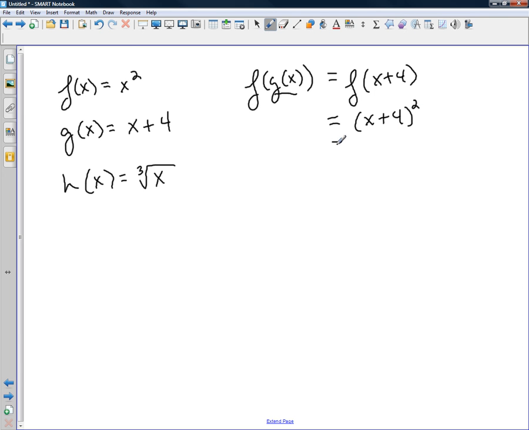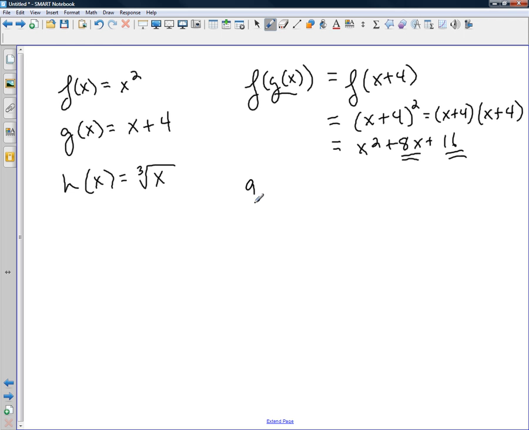Now that's a binomial squared, so be careful. That's the same thing as x squared plus 8x plus 16. Remember, that's like saying x plus 4 times itself. And if you did FOIL on that, wouldn't you get first times first is x squared, outsides and insides together would give you the 8x, and then 4 times 4 gives you the 16.